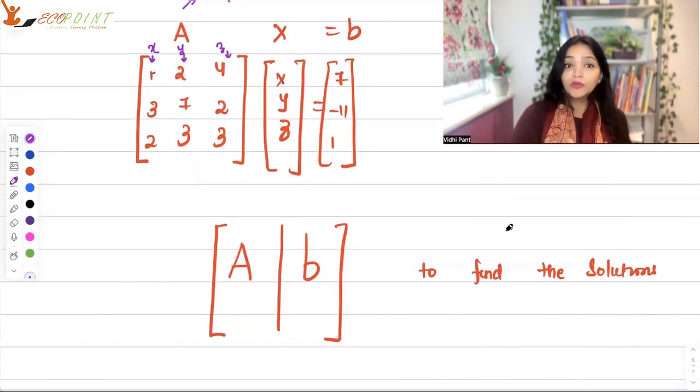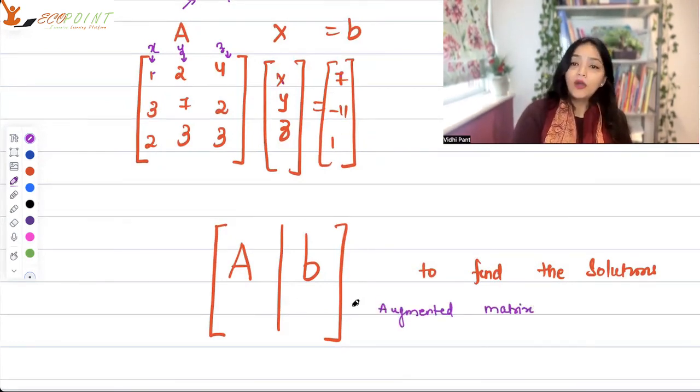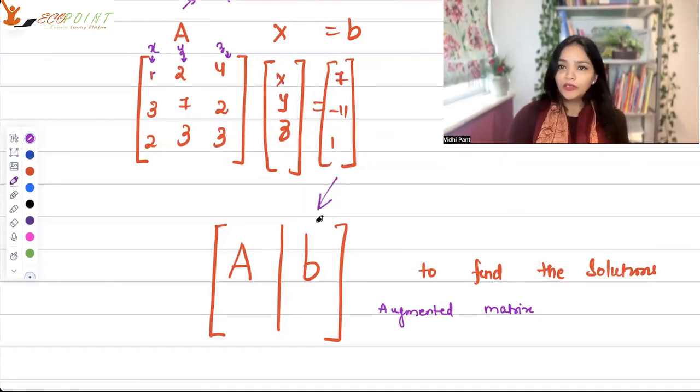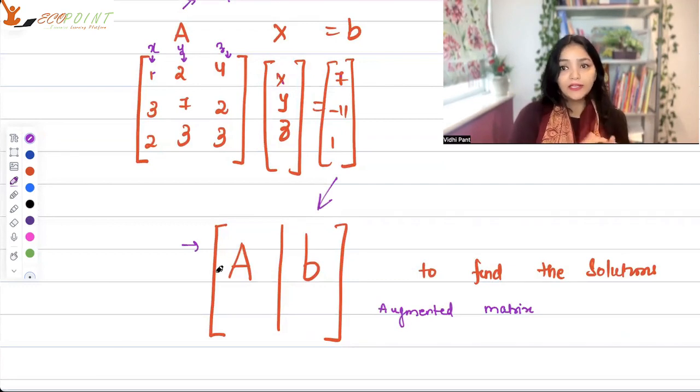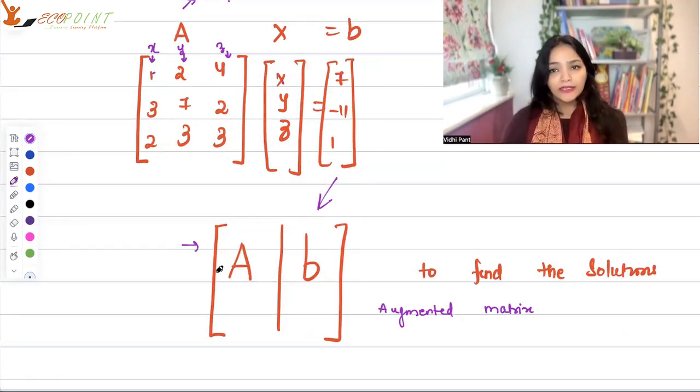Right? Now, how do you solve a system of linear equations using a matrix? You will use the augmented matrix. Here you have the coefficient matrix, and here, this B, you add as another column with this slash, so that whatever operations you use on the left hand side, you also use on the right hand side.